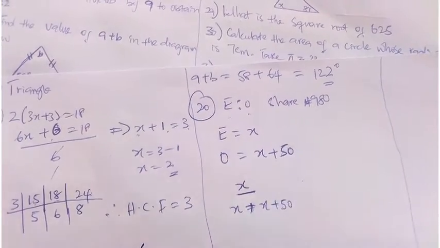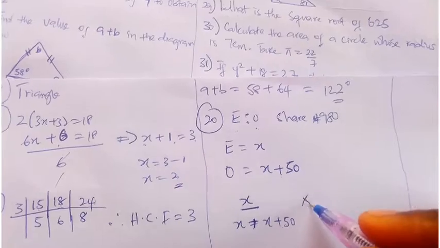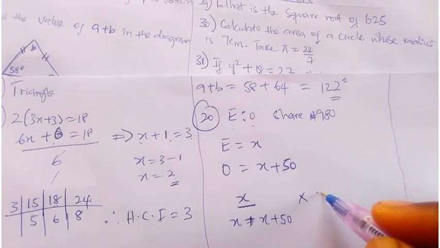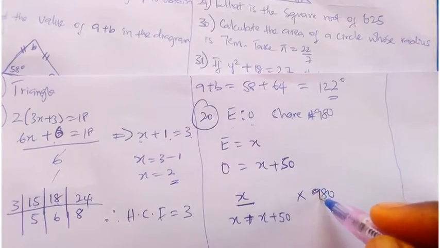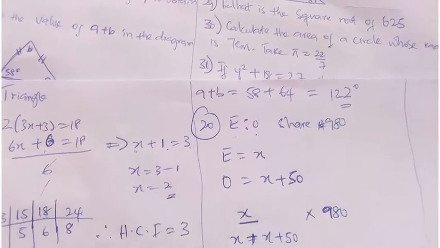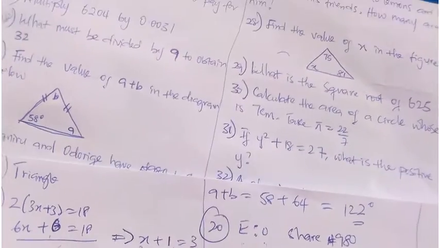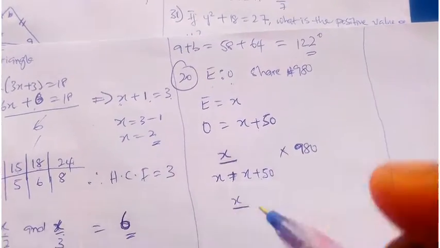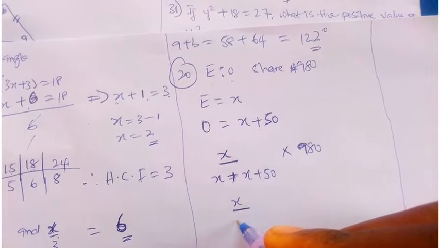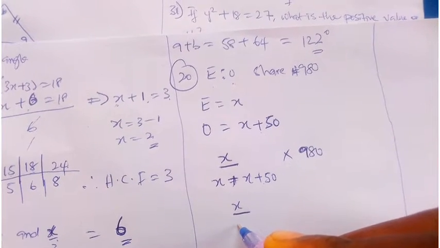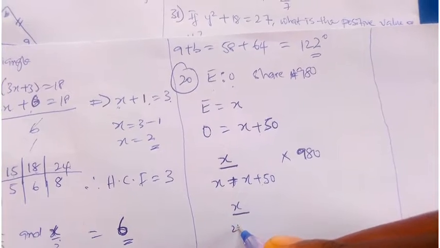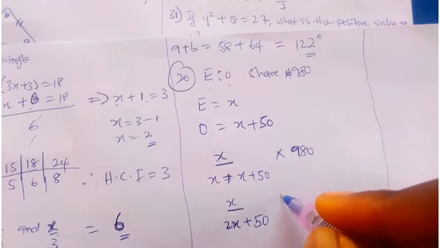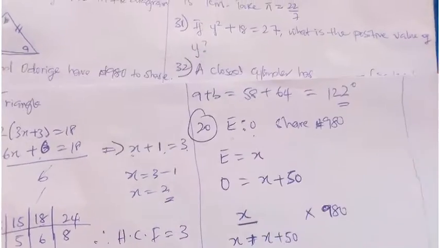Okay, so what do we have? Times 980 in that case then. Now, what do we have here? This becomes X over 2X plus 50 times 980.